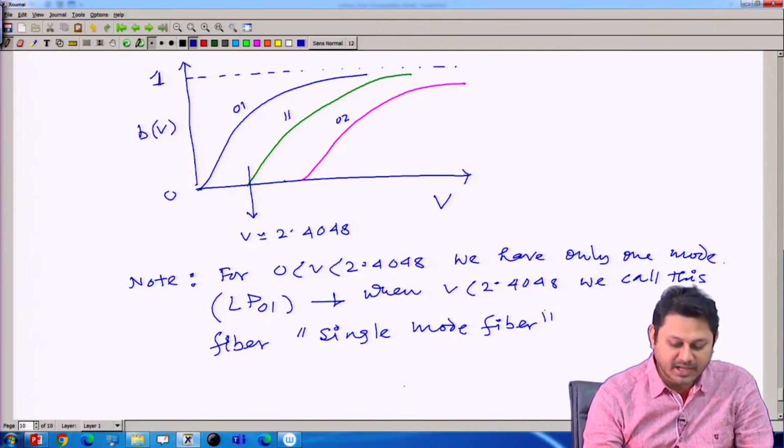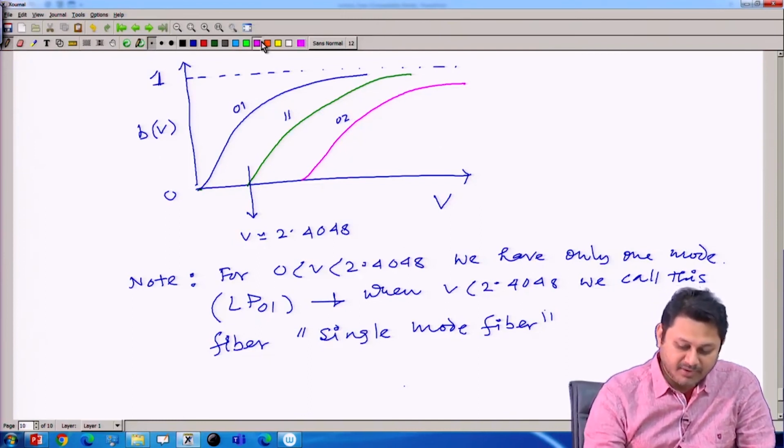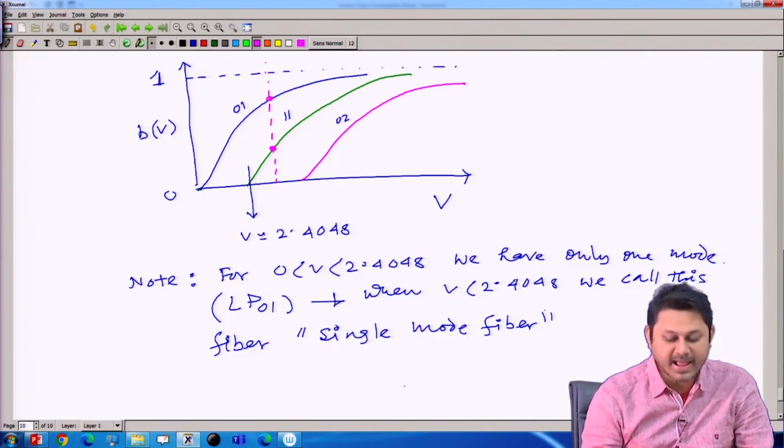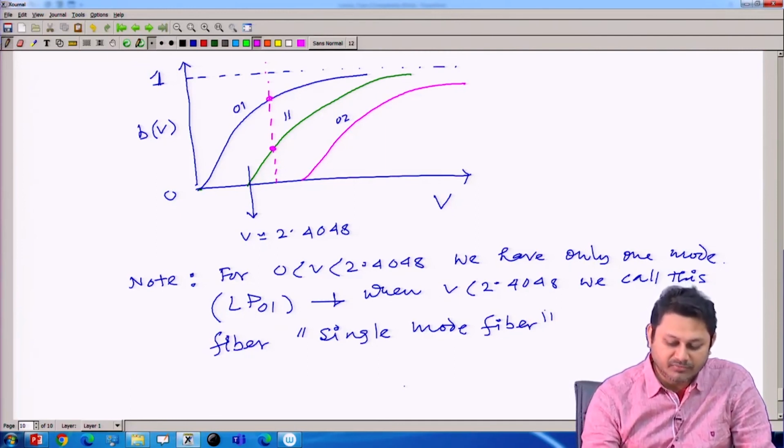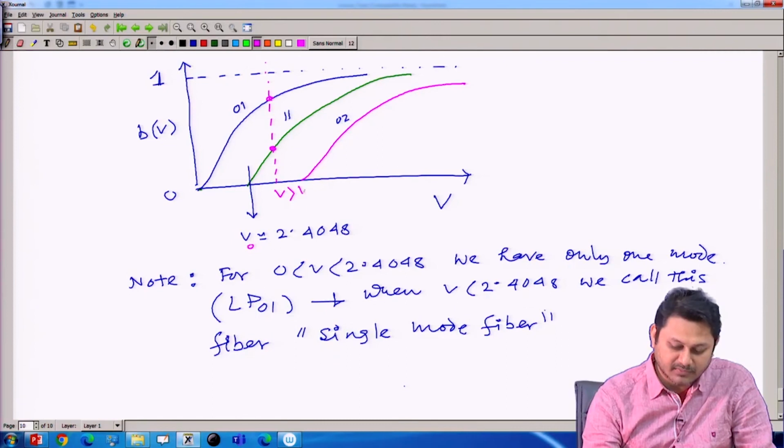However, if I increase the value of V, you can readily find that if I have some point here which is greater than that value, I may have this solution here and here also. So not only LP01, I can have a solution corresponding to LP11 also. So instead of having one mode, I am having two modes, because the value of V here is greater than V0.